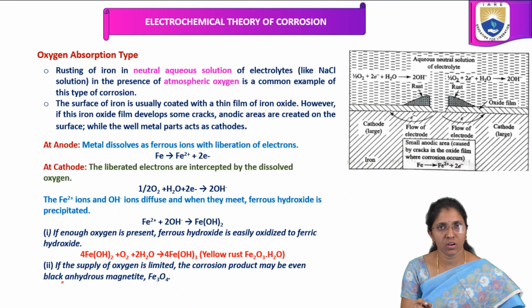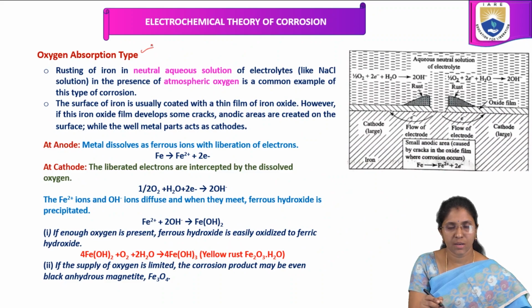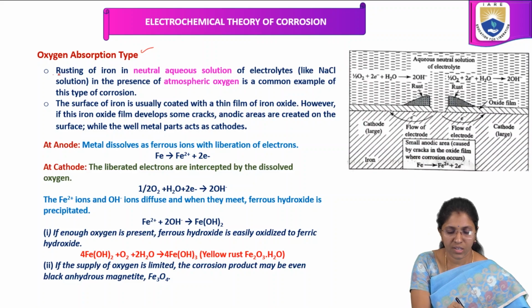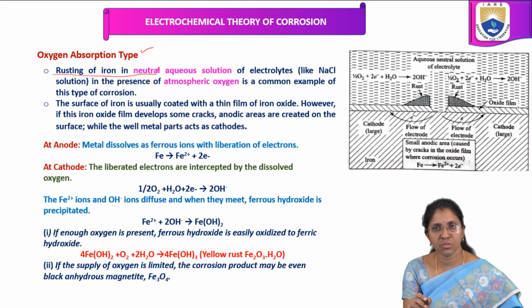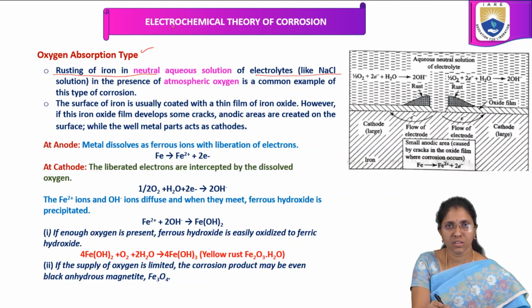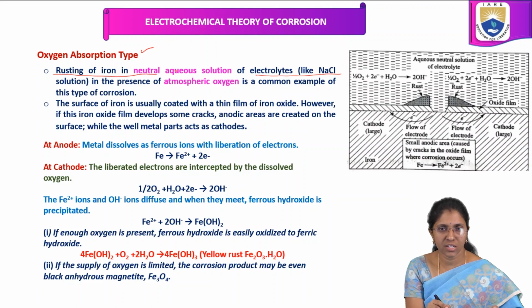So second one is oxygen absorption type. Here rusting of iron in neutral aqueous solution of electrolytes like NaCl solution. In the case of hydrogen evolution, it is the rusting of iron in acidic solution.